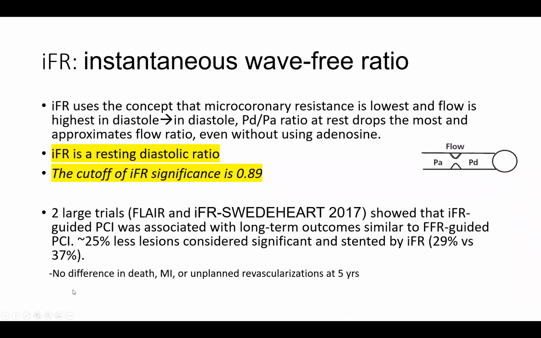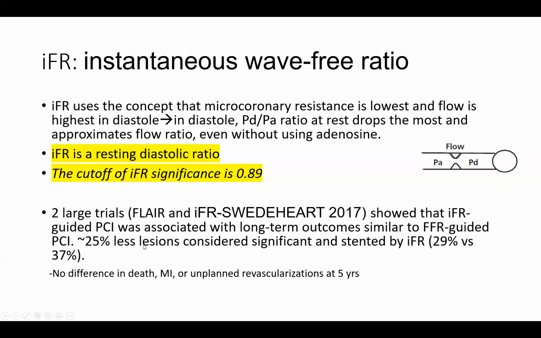However, two large trials, FLAIR and iFR-SWEDEHEART, have shown that iFR-guided PCI was associated with long-term outcomes similar to FFR-guided PCI, despite the fact that 25% fewer lesions were considered significant and stented by iFR. 29% of lesions were significant by iFR and stented versus 37% by FFR.